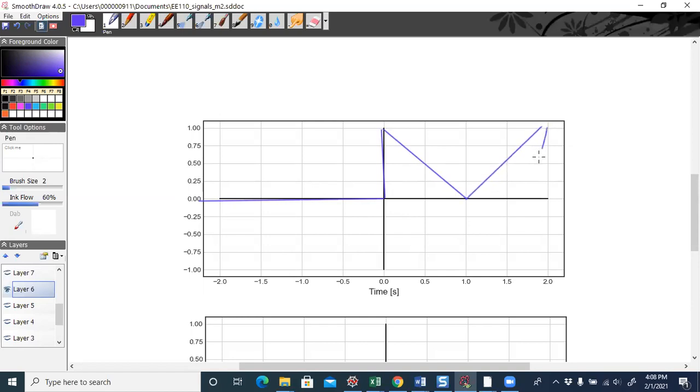Professor, I have a question. Yeah. Does that just mean that square and triangle functions are just composites of ramp and step functions? I'm sorry, somebody was hammering in the house. So that's a rectangle, right? Yep. That's a composite of steps, right?